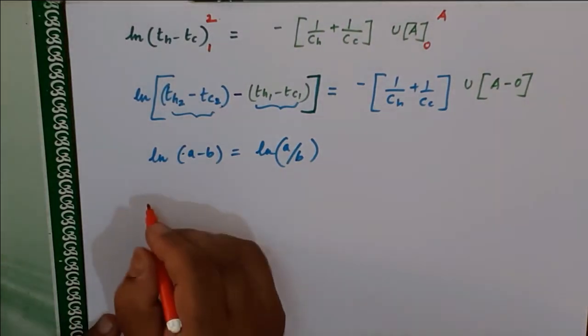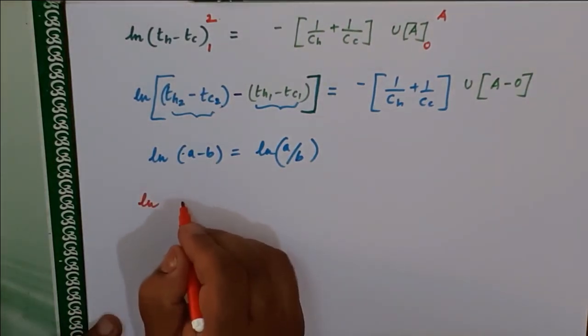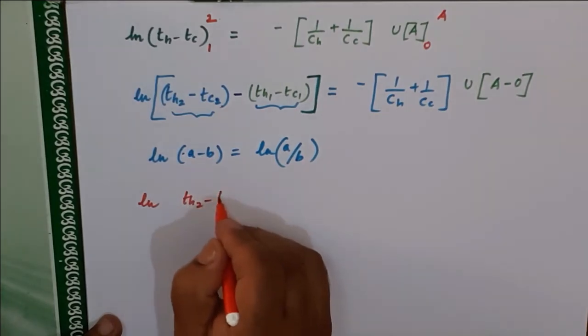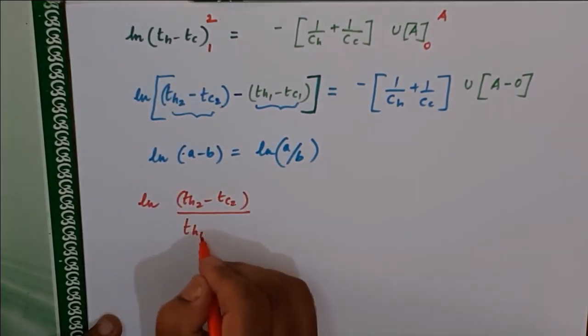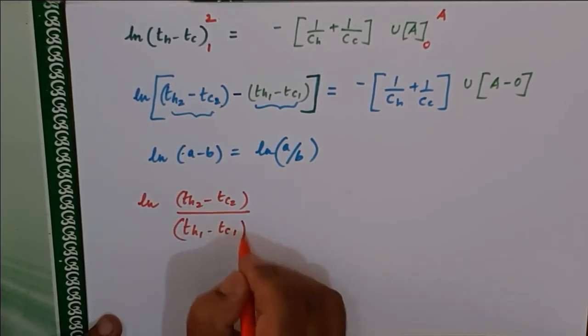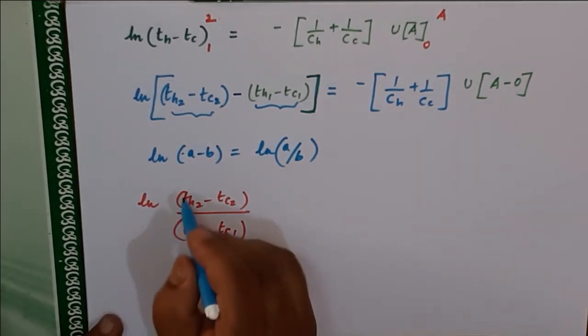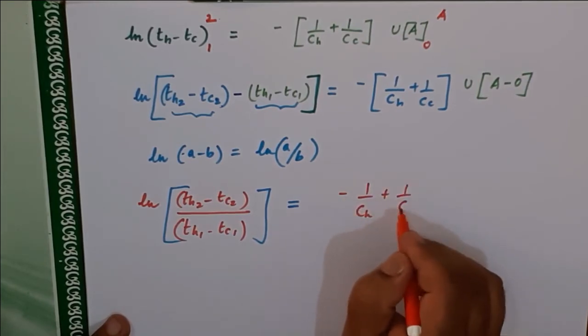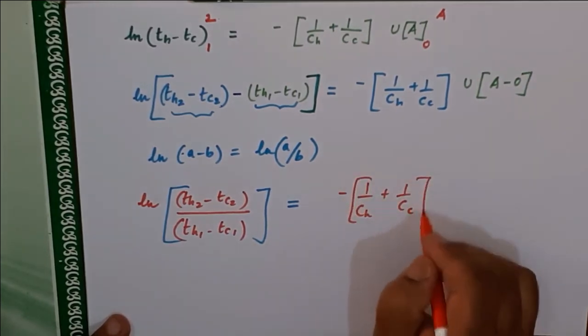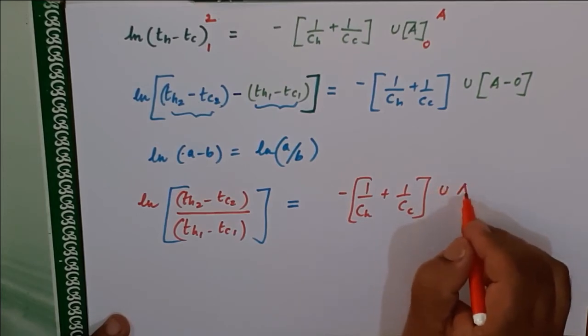Therefore, we get ln of (TH2 minus TC2) whole divided by (TH1 minus TC1), I'll put it in bracket, equal to minus (1 by CH plus 1 by CC) within bracket into U into A.